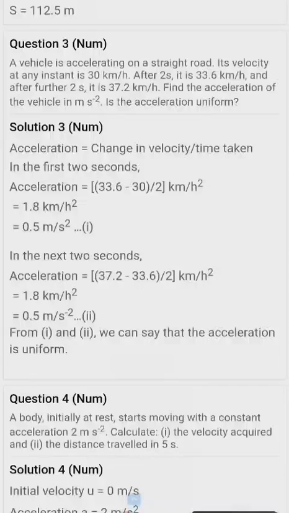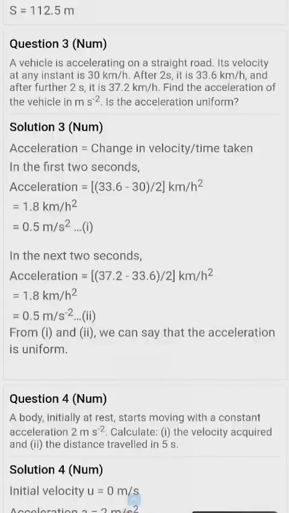Is the acceleration uniform? So there are different scenarios given. First they have said it is 30 km per hour, so that is the initial velocity. After 2 seconds, so time is given, it is 33.6 km per hour. Further 2 seconds, the next scenario is it is changing to 37.2 km per hour.